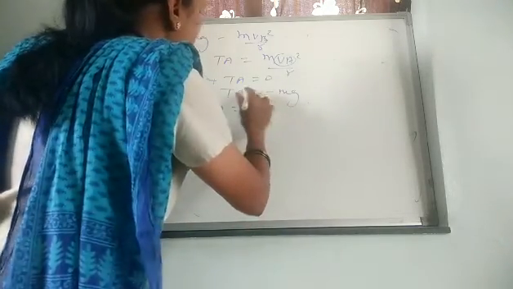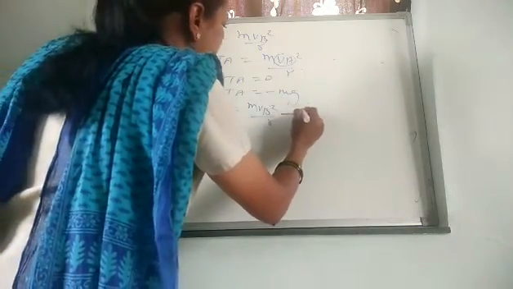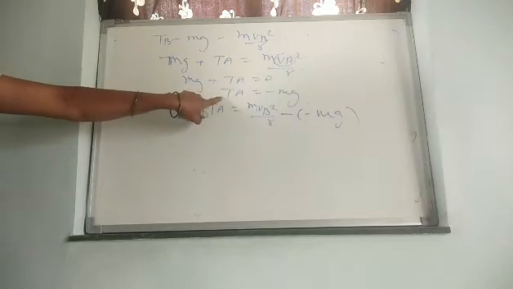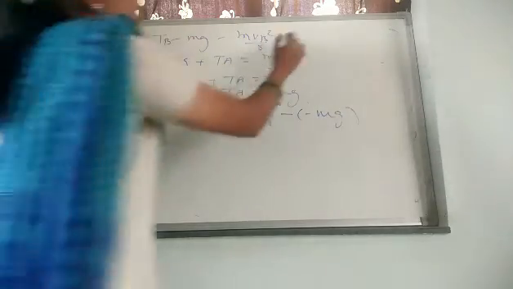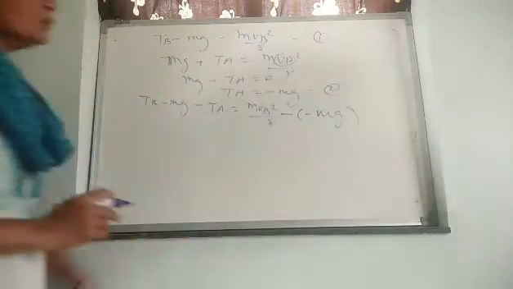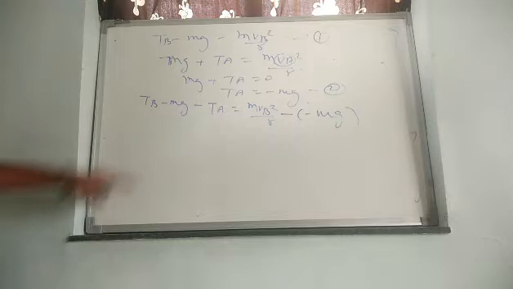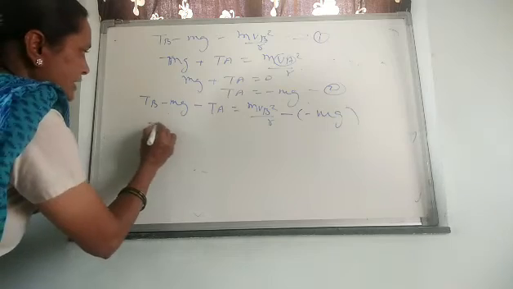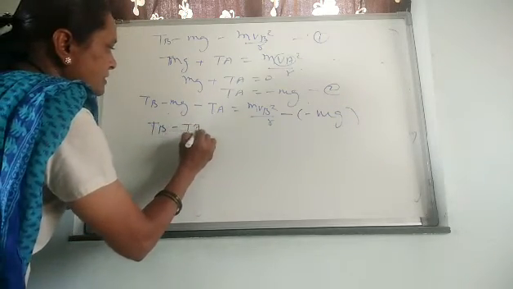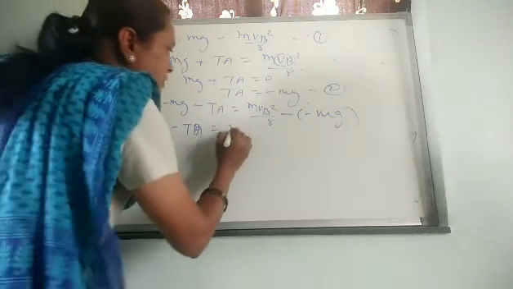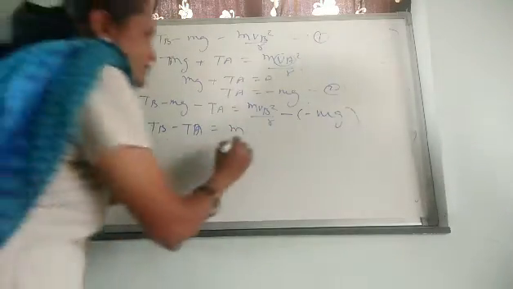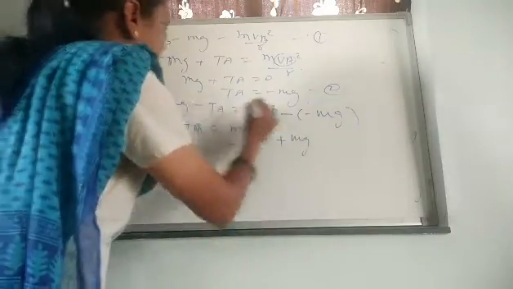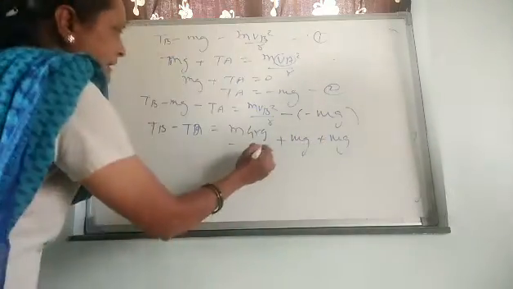If we subtract this equation Ta from this equation, suppose this is equation 1 and this is equation 2, then Tb minus Ta is equal to mvb square upon r plus mg. Vb square, as we have seen, is 4rg, and this mg will be here. r gets cancelled.